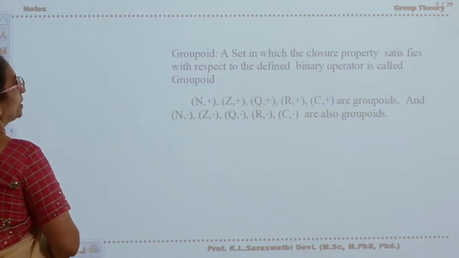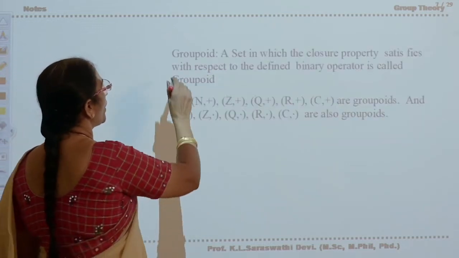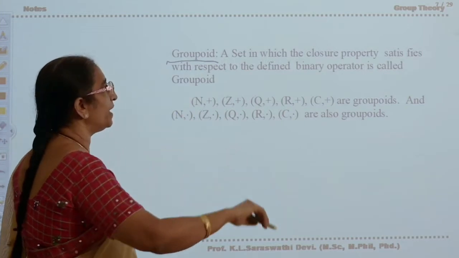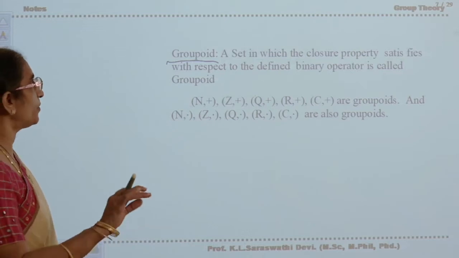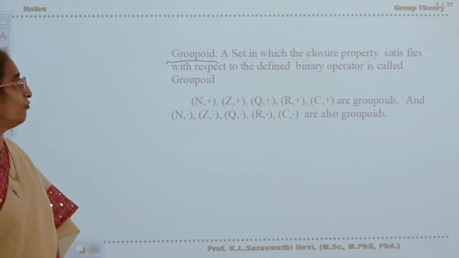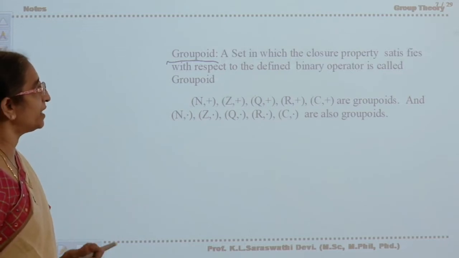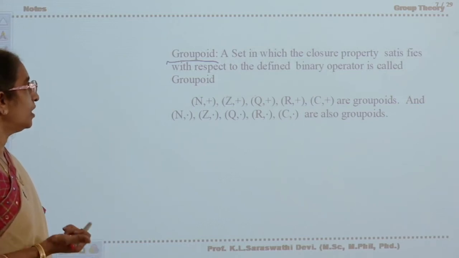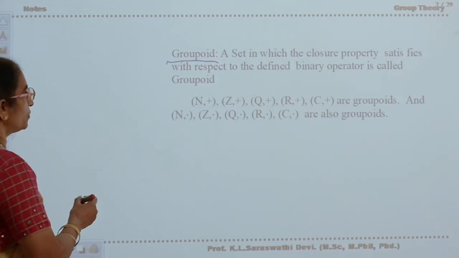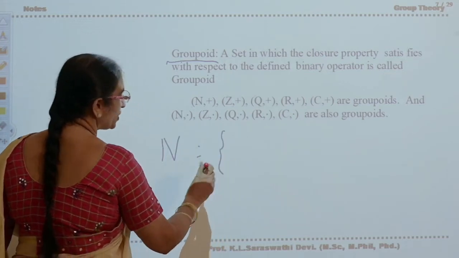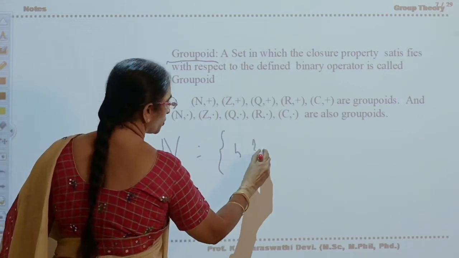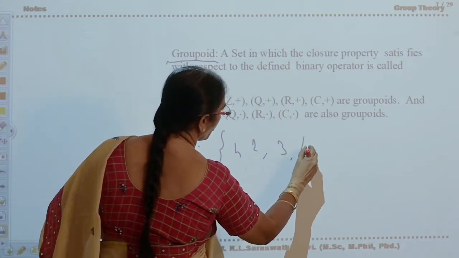After that, we are going to see groupoid. What do you mean by a groupoid? A set in which the closure property is satisfied with respect to the defined binary operator is called a groupoid. Suppose you take N, the set of natural numbers 1, 2, 3, 4 and so on.